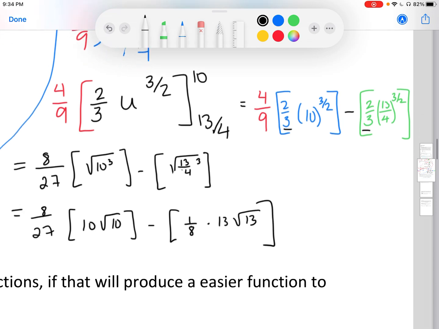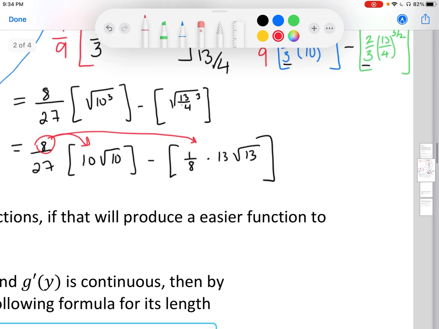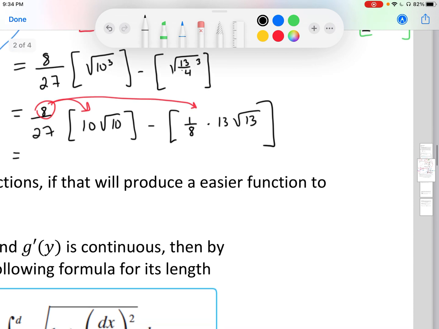All right, we can get rid of that denominator of 8 by multiplying in that 8 into both, so that we're left with 1 over 27, 80 square root of 10 minus, that cancels that 8, 13 square root of 13.